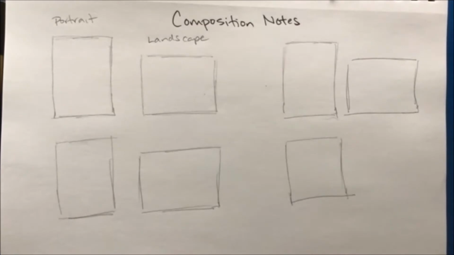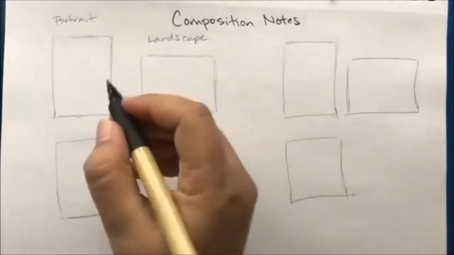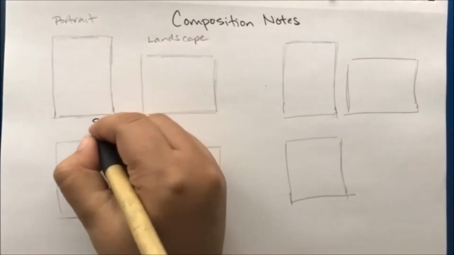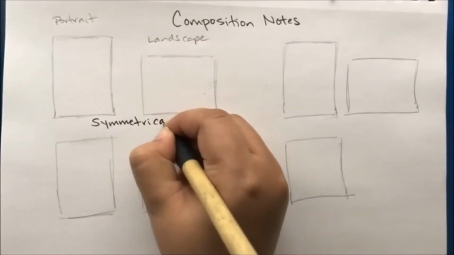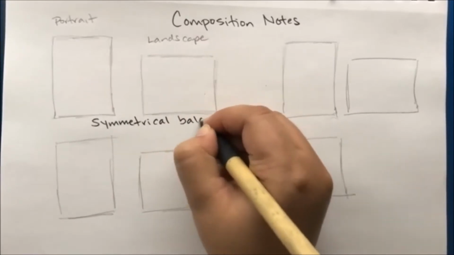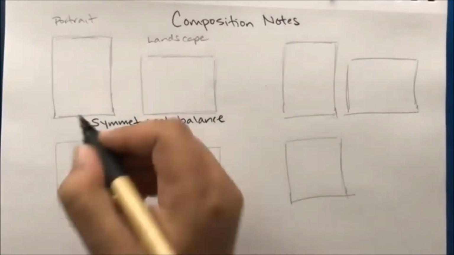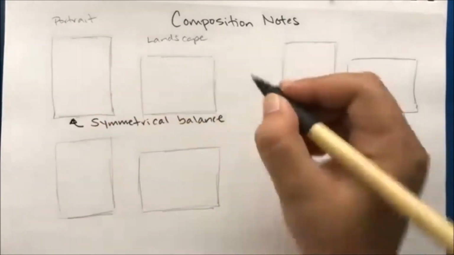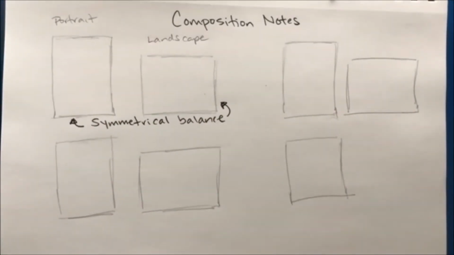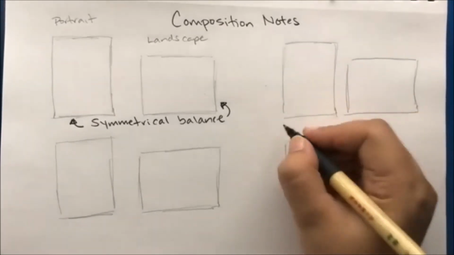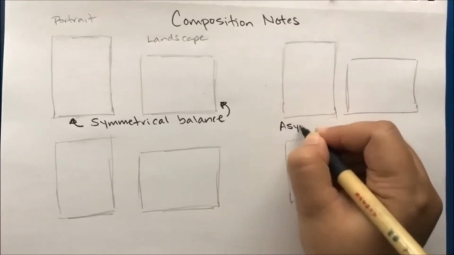Okay, so a composition is deciding where you're placing things in the artwork. The first one we're going to talk about is symmetrical balance, and that's going to be these two boxes. Then we're going to talk about asymmetrical balance.